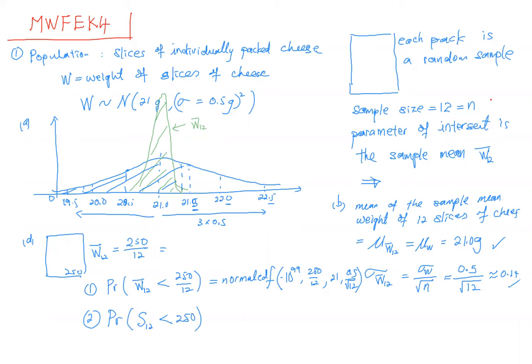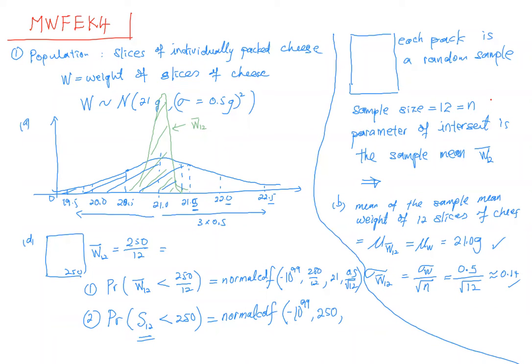If you use the sum of the 12 slices, then you have to use normal CDF, negative 10 to the power 99, 250. What is the standard deviation and what is the mean that I must use? Brandon, what is the mean that I must use if I use the sum? 252.